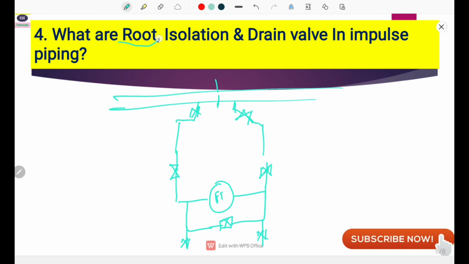So in our question, what are the root, isolation and drain valves?